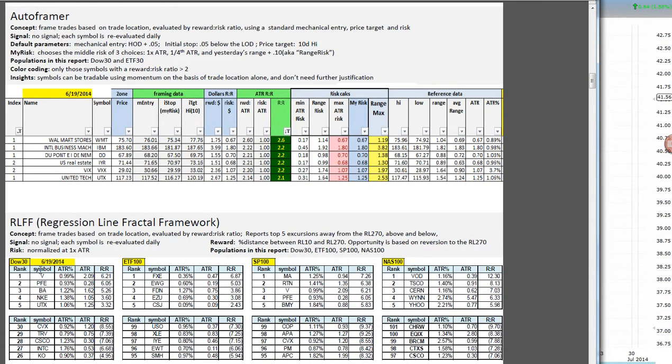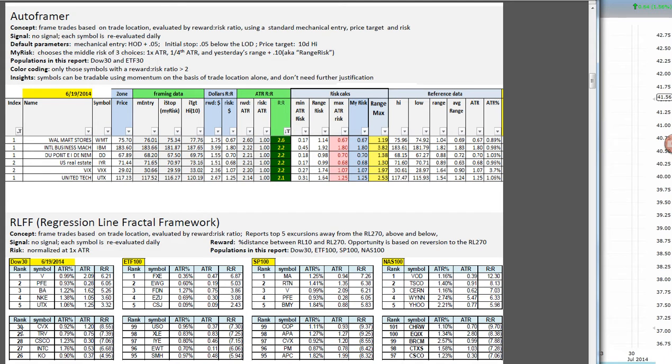So we're just going to take a look at the Dow here for the regression line fractal framework. And the top 5 are symbols that have a positive reward to risk ratio. What that means is their price is below the 270 regression line, and that's how many ATRs it is for it to get back to the regression line as the long-term trend.